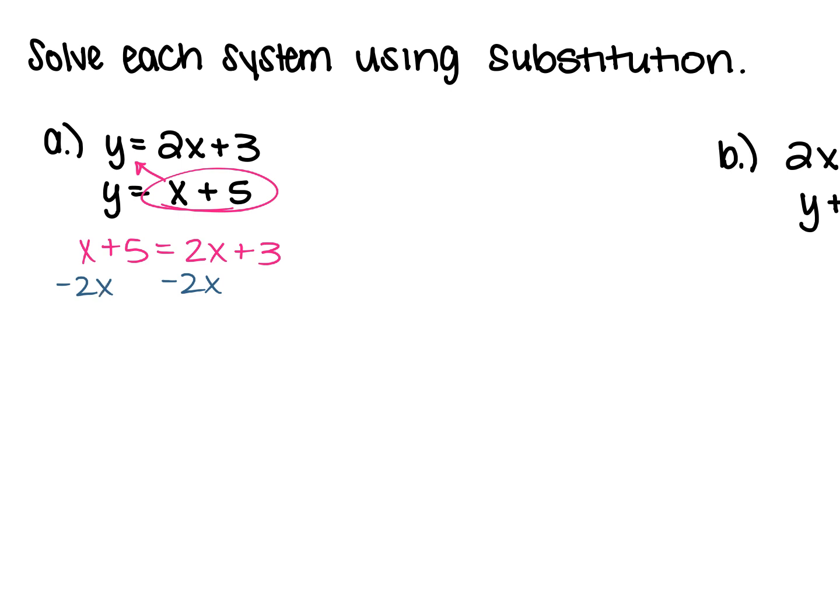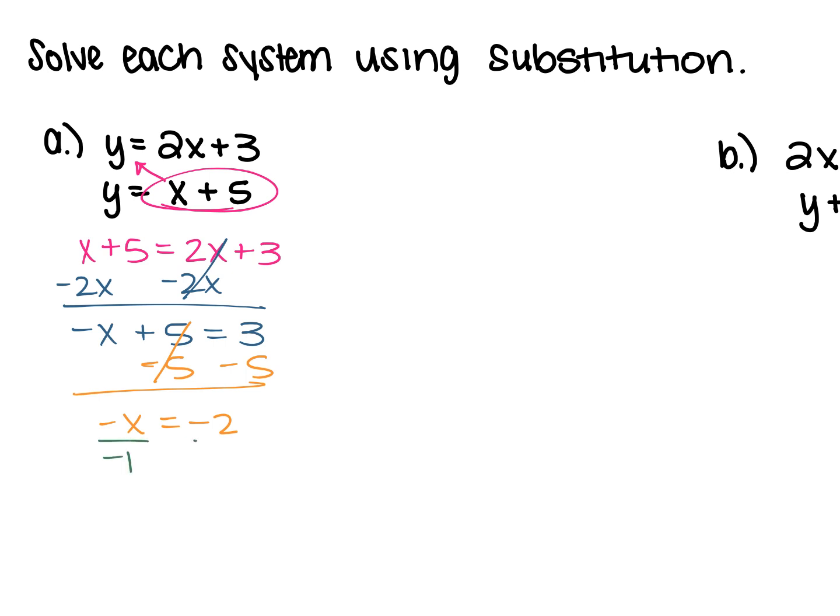I'm going to subtract it from both sides. That gives us negative x plus 5 is equal to positive 3. Then you will subtract your 5 over, giving you negative x is equal to negative 2.